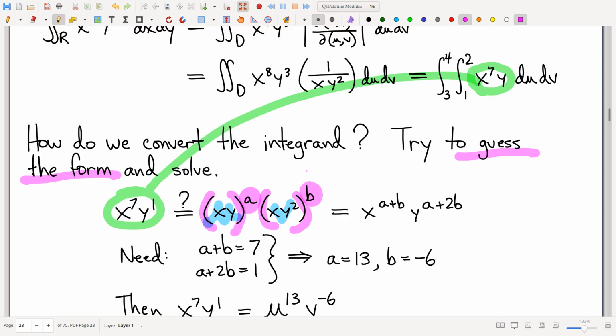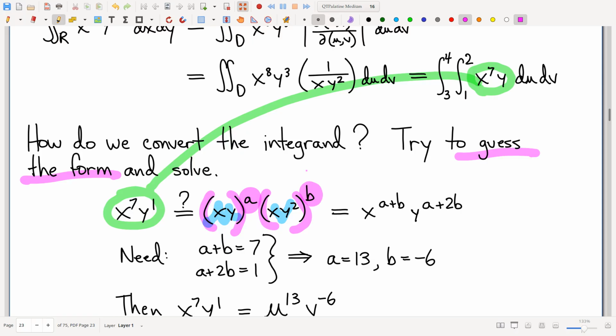Let's take a moment to sit on that for a second. Who's got a question as to, does that seem like a reasonable thing to speculate? Notice, for example, I could have speculated, I think this would have been foolish, hey, maybe this thing in green is a linear combination of u and v. But it just doesn't seem like that ought to work. Just algebraically, it seems like that would be going in the wrong direction.